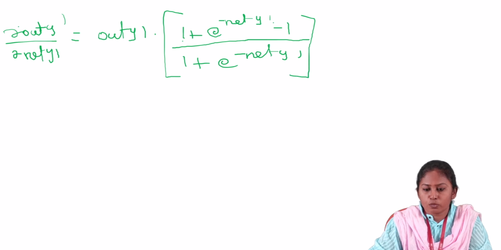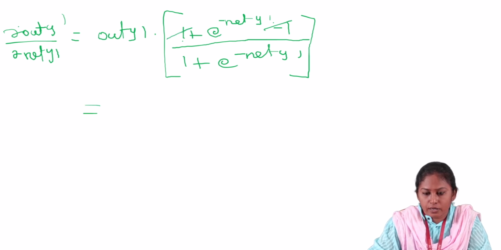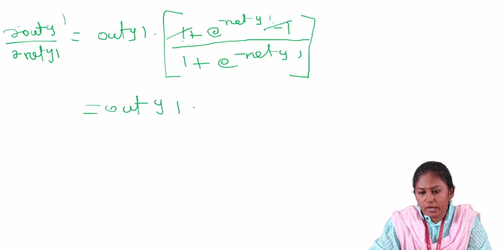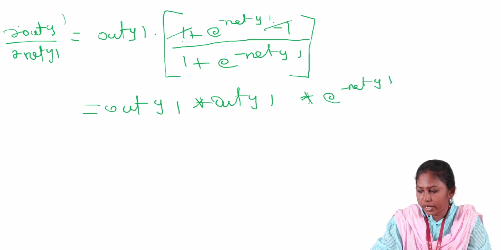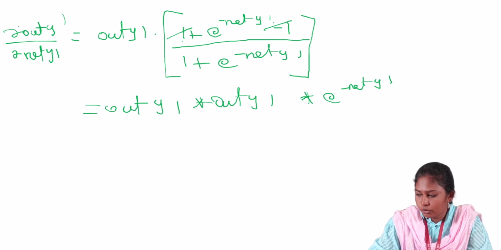So 1 minus 1 divided by 1 plus e to the power minus net y1, if I am differentiating, it will come like this. Which can be written as out y1 star, and taking 1 divided by 1 plus e to the power minus net y1, it can again be written as out y1. I am just simplifying the step, that's it. And then star e to the power minus net y1, where this e to the power minus net y1 stays as it is.